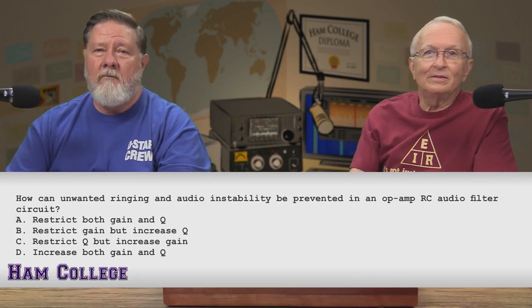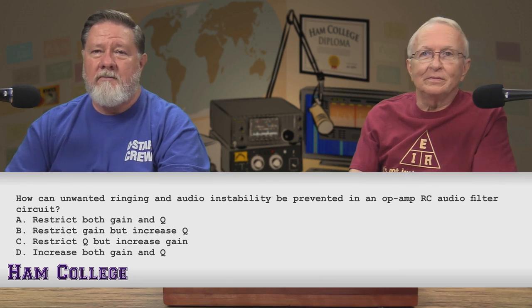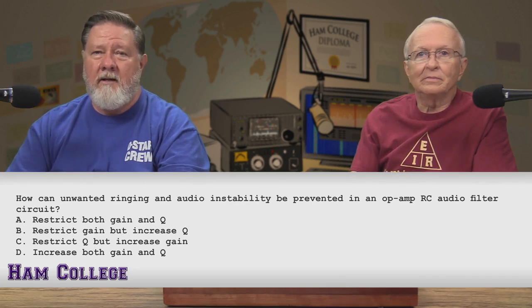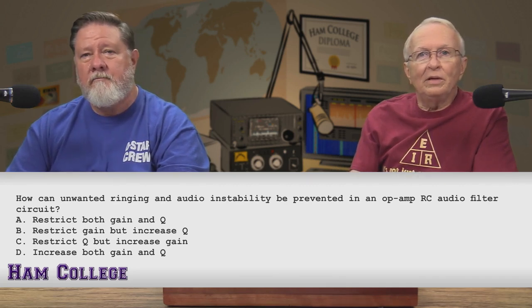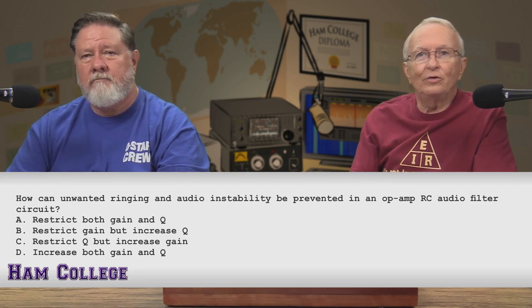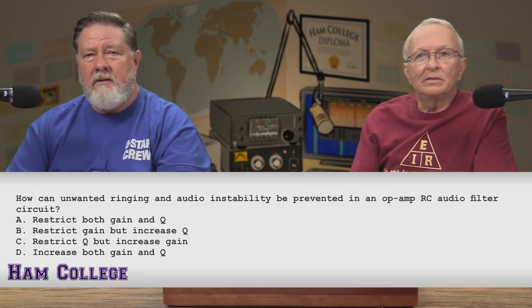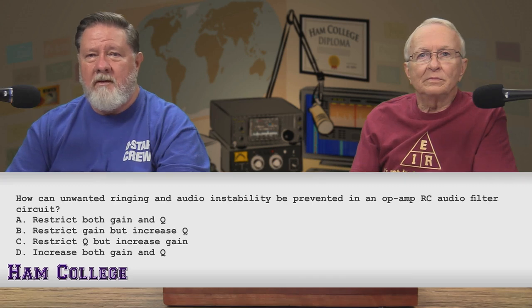How can unwanted ringing and audio instability be prevented in an op amp RC audio filter circuit? A, restrict both gain and Q. B, restrict gain but increase Q. C, restrict Q but increase gain.